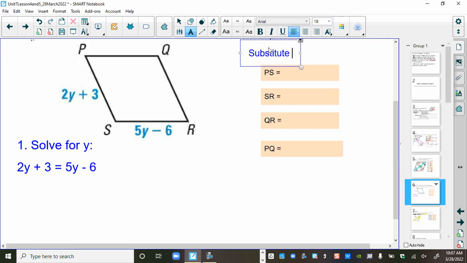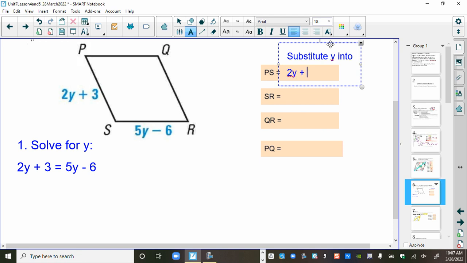substitute into 2y plus 3, and then 5y minus 6.